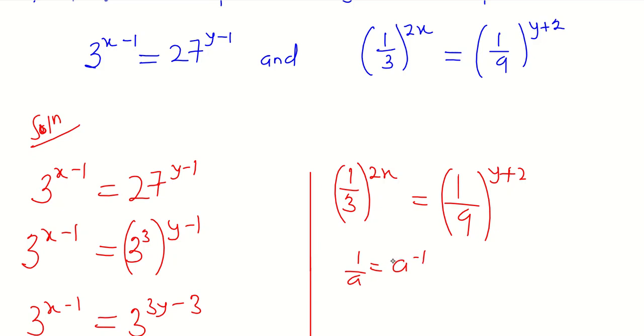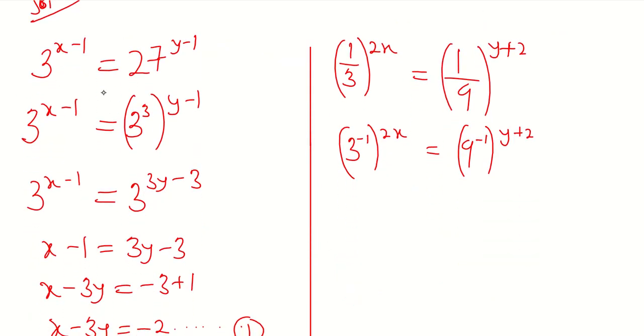In the same way, 1 over 3 can be written as 3 exponent minus 1. So we can write this as 3 exponent minus 1 all exponent 2x, equal to 9 exponent minus 1 all exponent y plus 2.